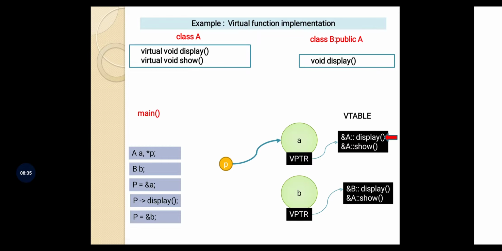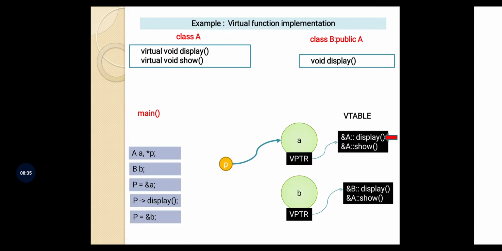Remember that there is only one virtual table created for a class, and the number of VPTRs will depend on the number of objects. So if you create 10 objects, you will have 10 VPTRs, right? But the virtual table will always be 1. That's an important point. Just keep a note of it.